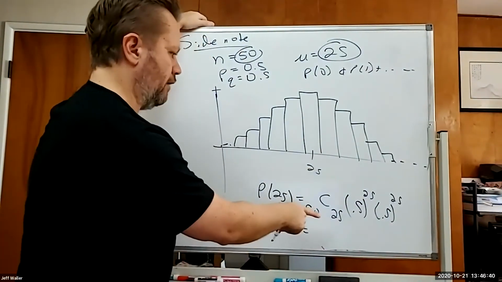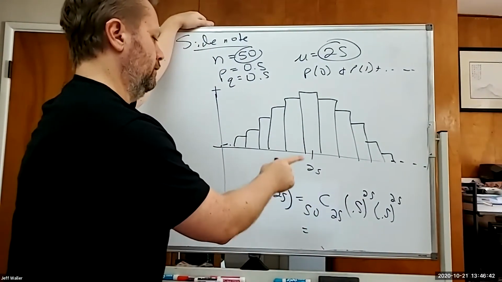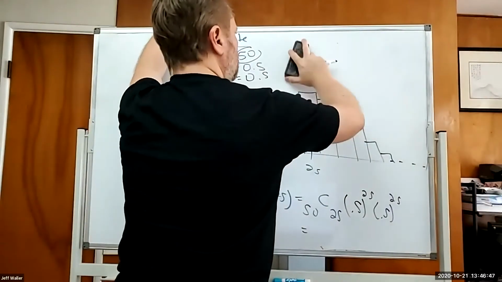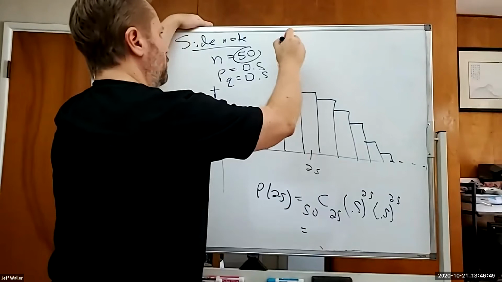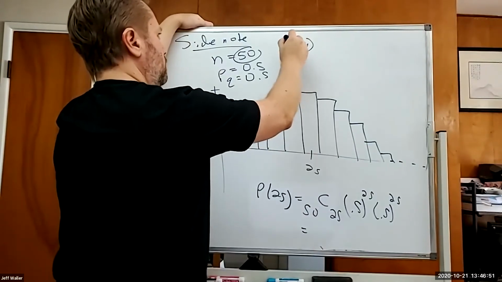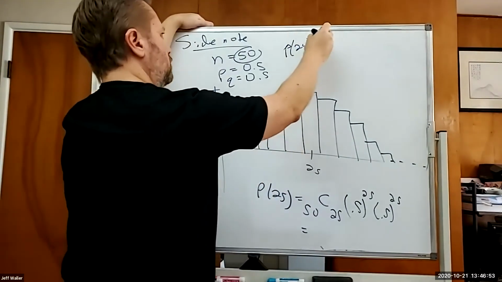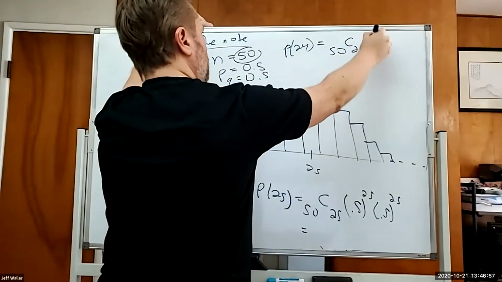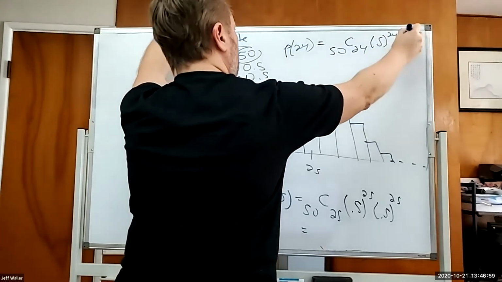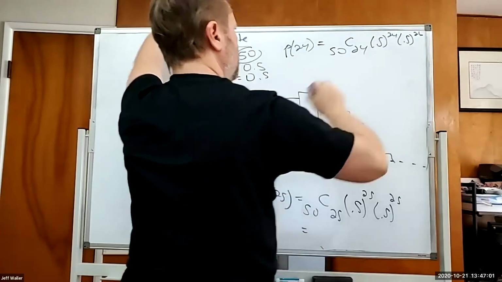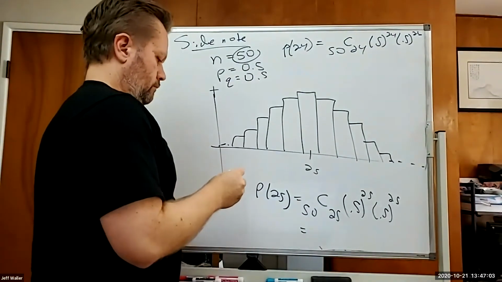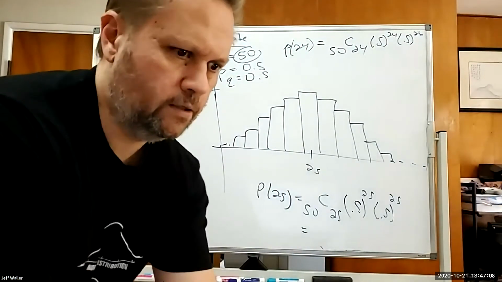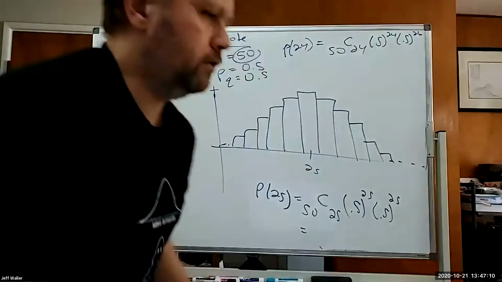Somebody do that for me. I also want to know the probability of 24, just to show that it's a little bit shorter. That would be 50 choose 24, 0.5 to the 24, 0.5 to the 26. Somebody do those for me. Where's my calculator? I'll do it with you guys.